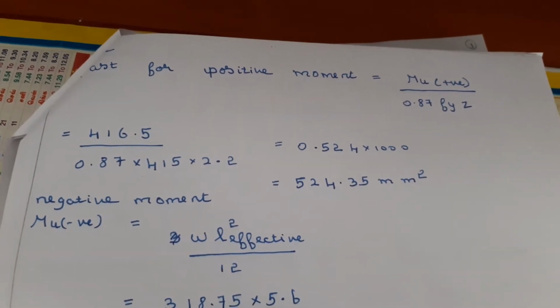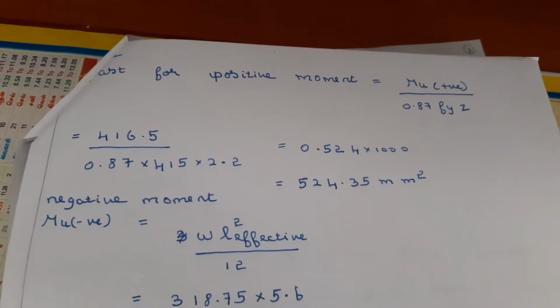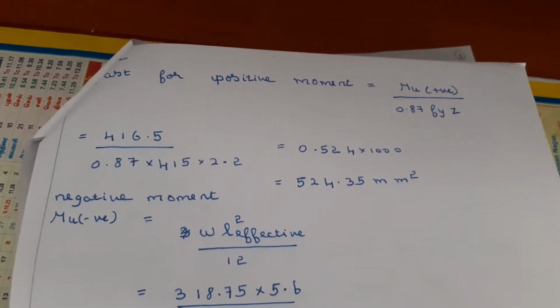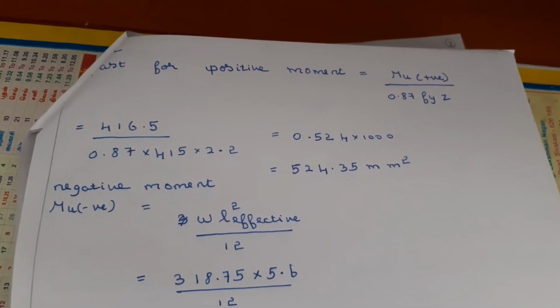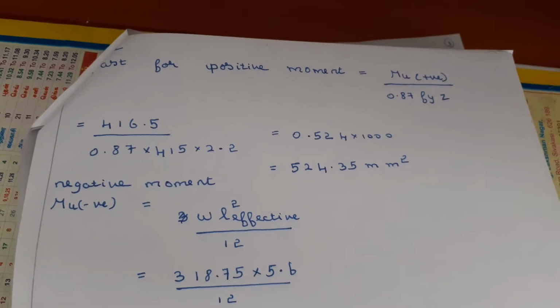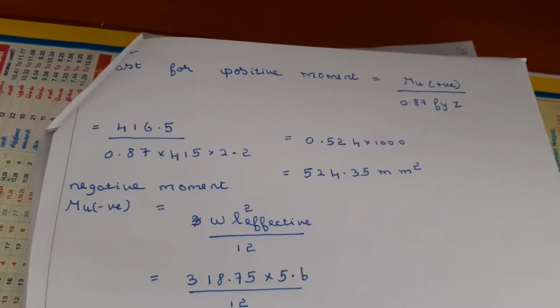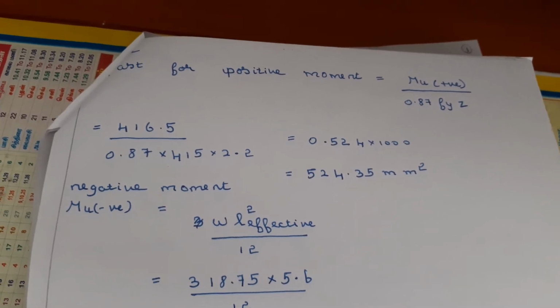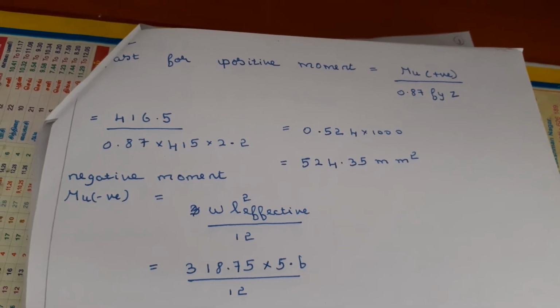Now we calculate the area of steel for the positive moment. The formula is Mu positive divided by 0.87 fy Z. We know that Z is equal to 2.2 as calculated earlier. 416.5 divided by 0.87 into 415 is our fy, so the total value will be 524.35.